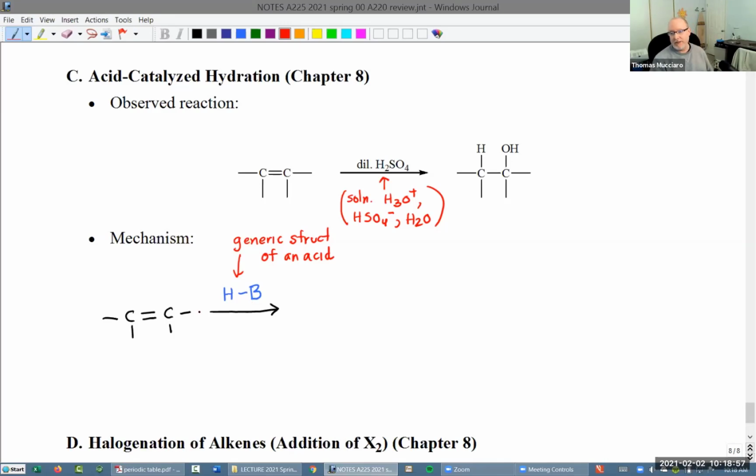But I just think it's easier not to worry about what the specific acid is and instead to just say, we know we have an acid. An acid is a hydrogen attached to a base.